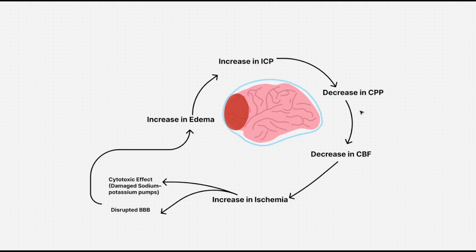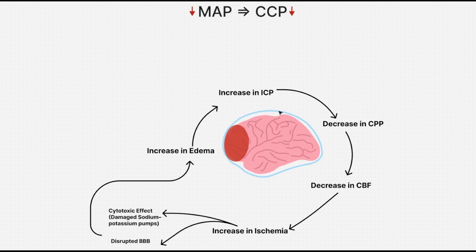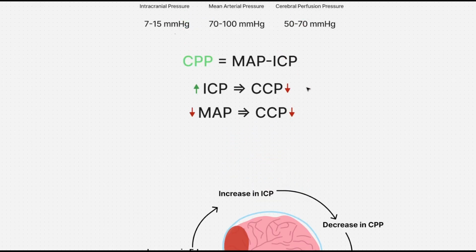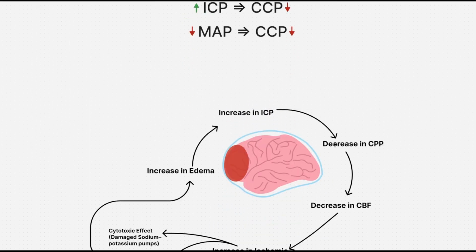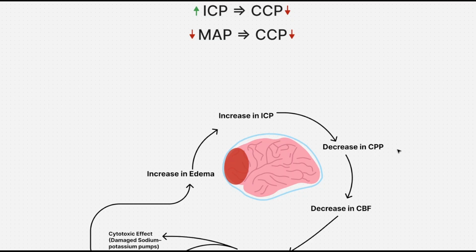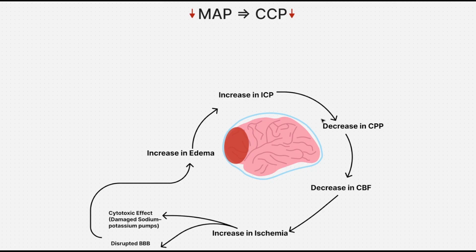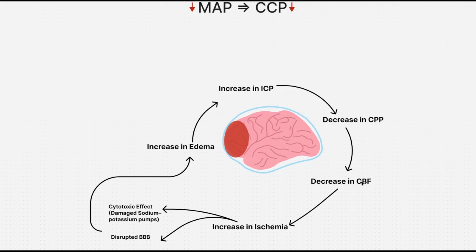Now, as we just said, increasing the ICP, as shown here, will decrease the cerebral perfusion pressure. In turn, decreasing the cerebral perfusion pressure will decrease the CBF. Now, what is the CBF? It's the cerebral blood flow. CPP is the driving force for the cerebral blood flow.